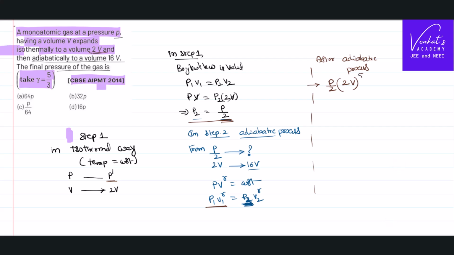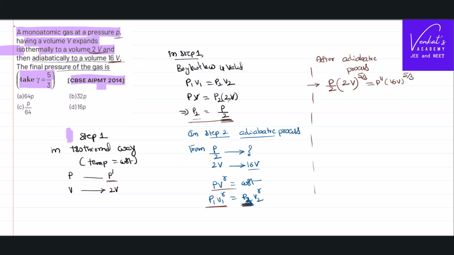Gamma of monoatomic gas is already given for you as 5 by 3. PV power gamma I am writing equal to new pressure. We have to calculate. I am calling it P dash or P double dash, whatever. V is changed from 2V to 16V. Power of gamma is again 5 by 3.